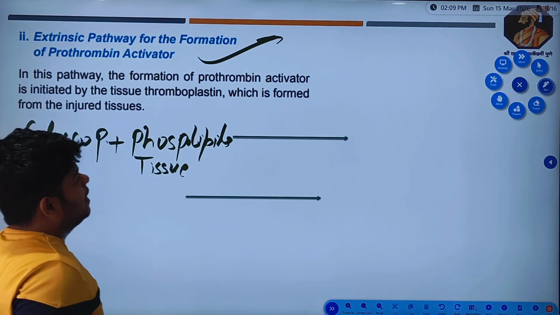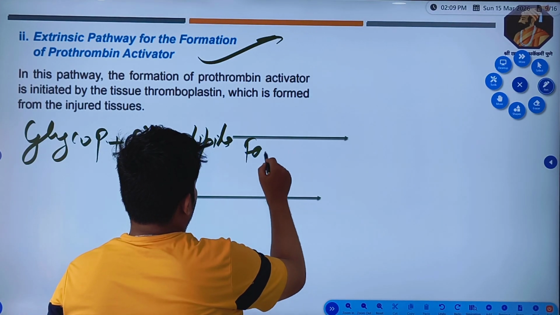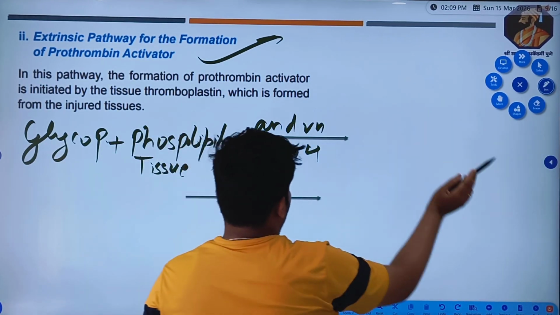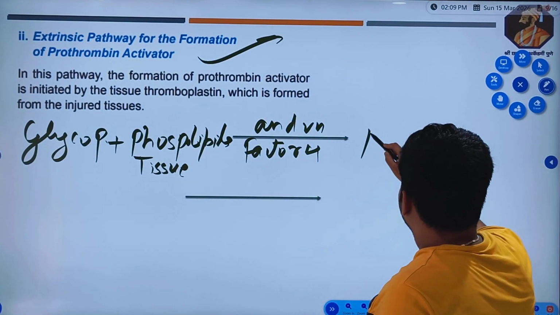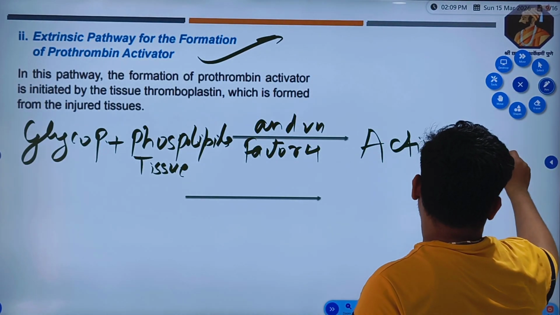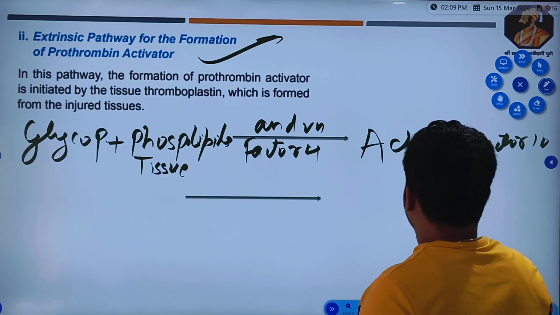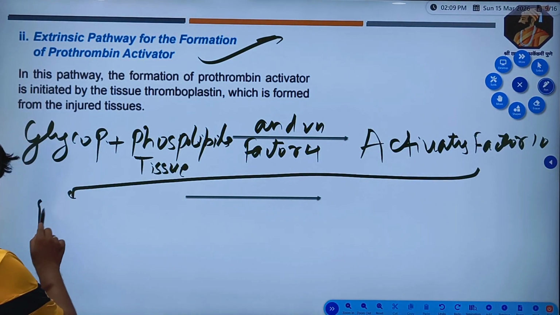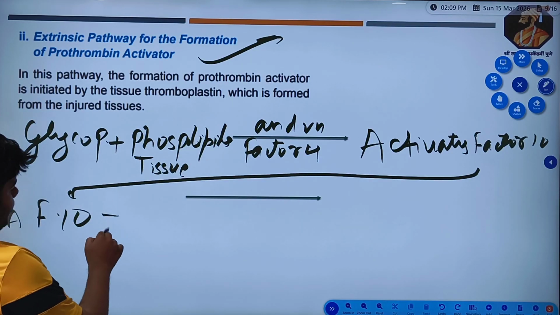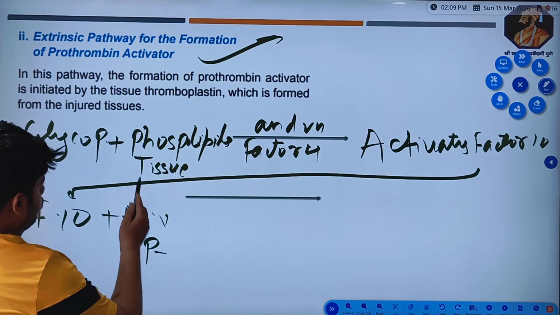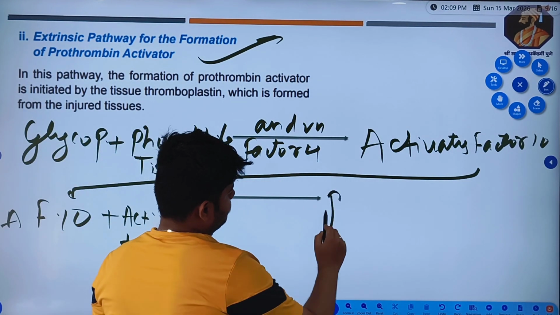Tissue phospholipid in the presence of factor 4 and 7 converts, means activates, factor 10. Now again this activated factor 10 plus activated factor 5 plus platelet phospholipids activates prothrombin.